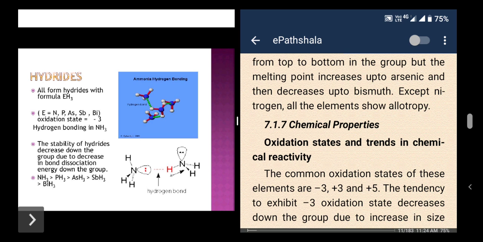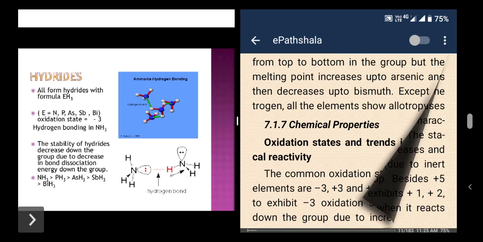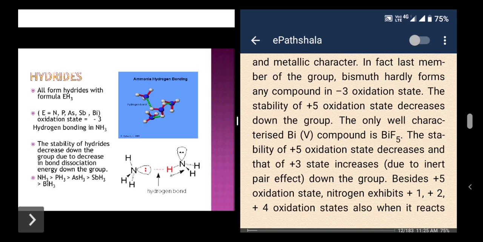Oxidation states are important terms in chemical reactivity. The common oxidation states of these elements are -3, +3 and +5. The tendency to exhibit the -3 oxidation state decreases down the group due to increase in size and metallic character. In fact, the last member of the group, bismuth, hardly forms a compound in the -3 oxidation state.